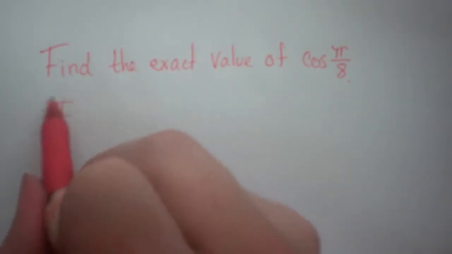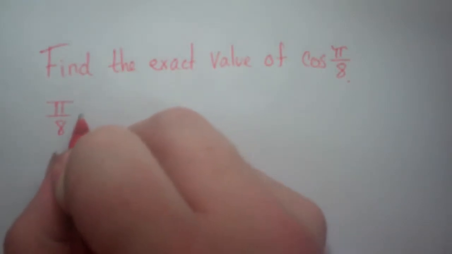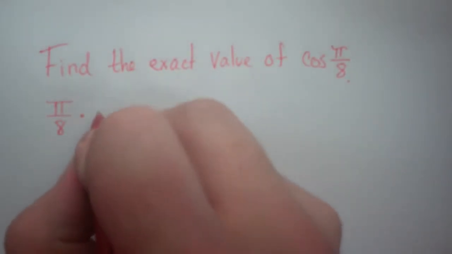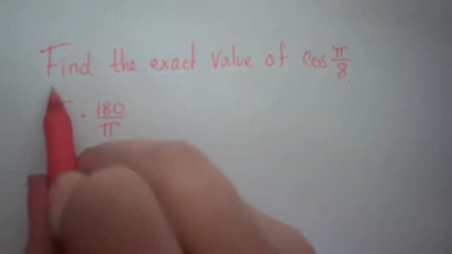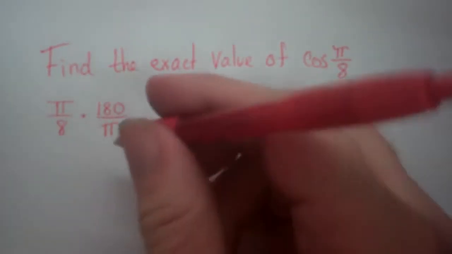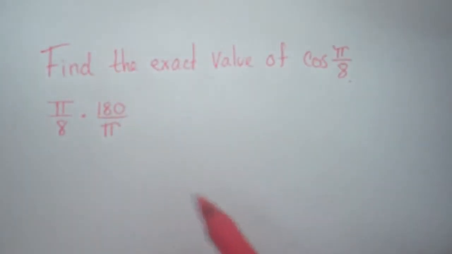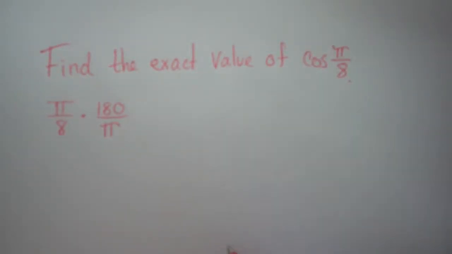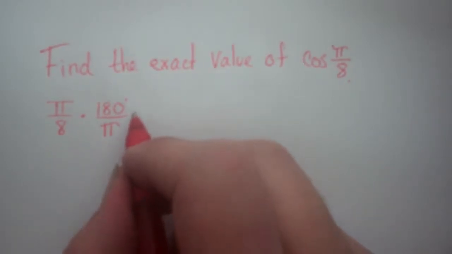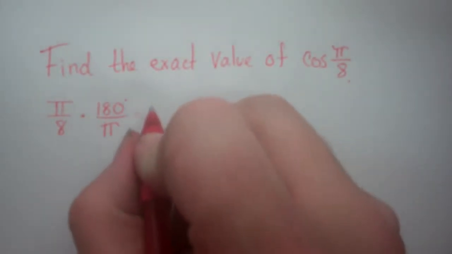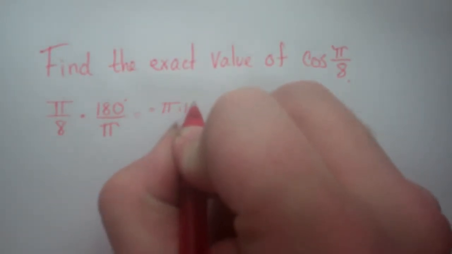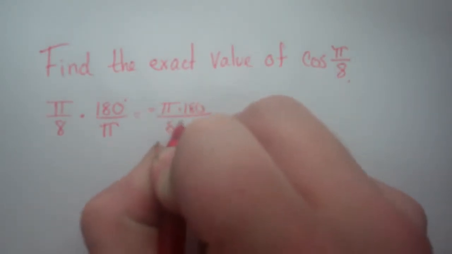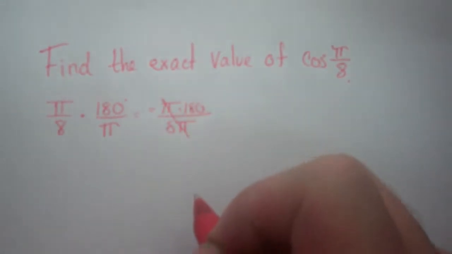Well, if we have radians and we want to go to degrees, we'll multiply that by 180 over pi. Because you see, here we have radians, and here we have radians. And so radians on top will cancel with radians on the bottom, and we'll be left with our degrees. So this ends up giving us pi times 180 over 8 pi. The pi's cancel out.